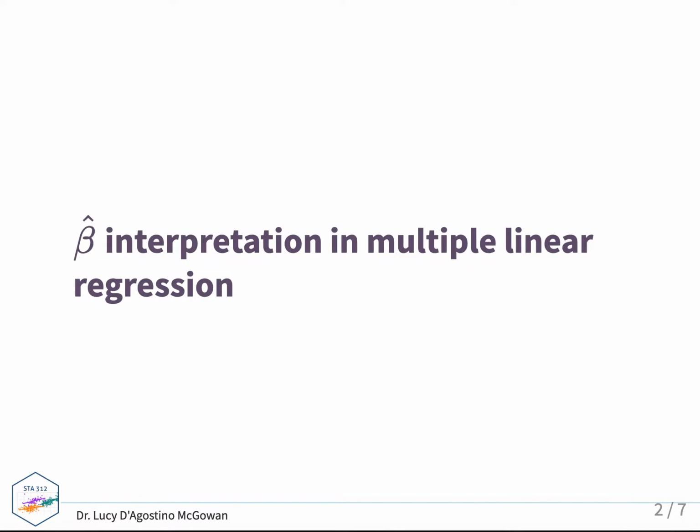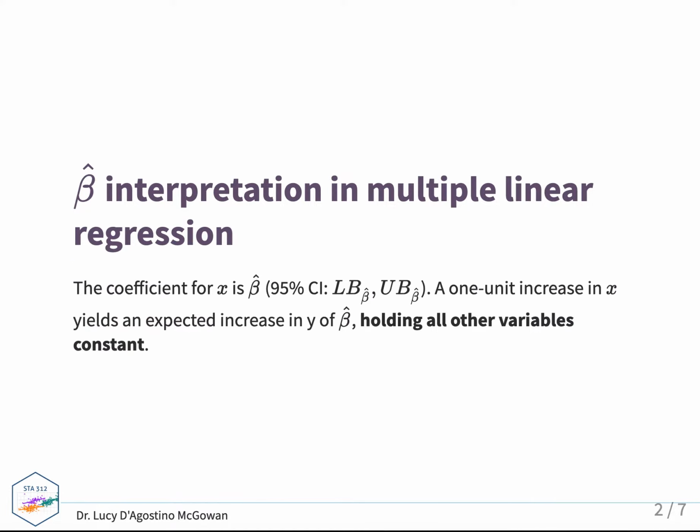The first thing I want to focus on is how we interpret beta hat in multiple linear regression. You would say the coefficient for x, some predictor, is beta hat. It's always good to also mention the 95% confidence interval, which in the next class we're going to talk about how to derive and interpret correctly.